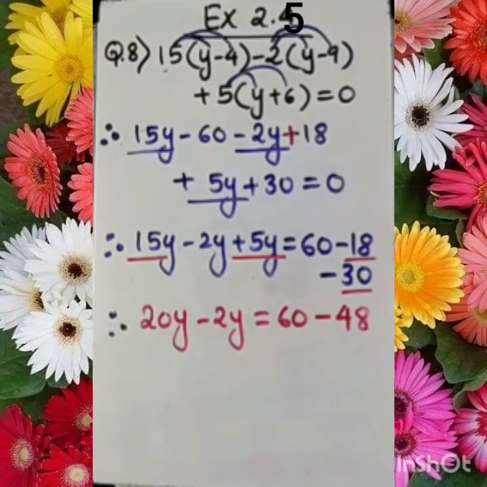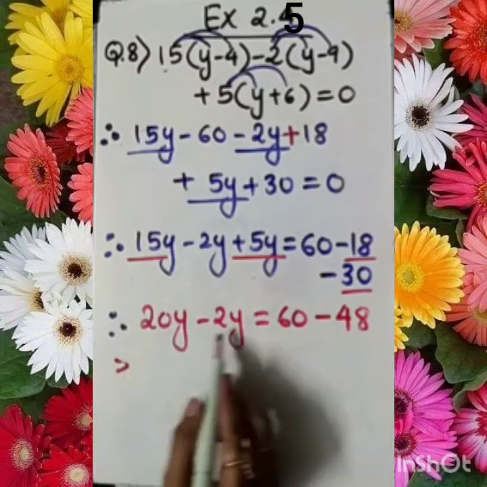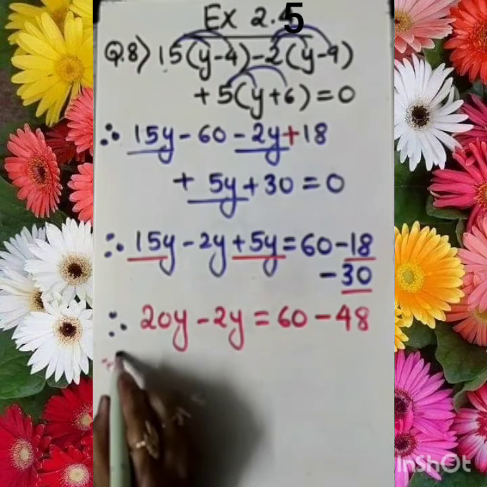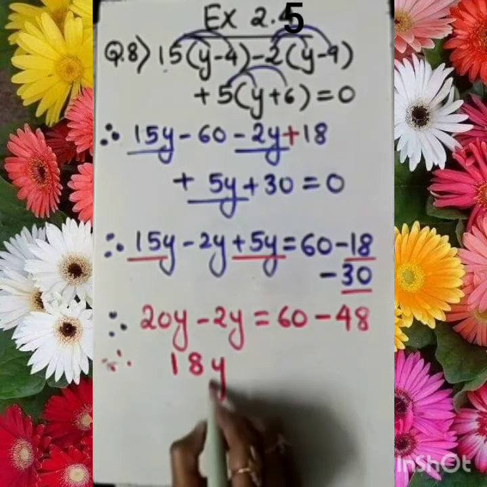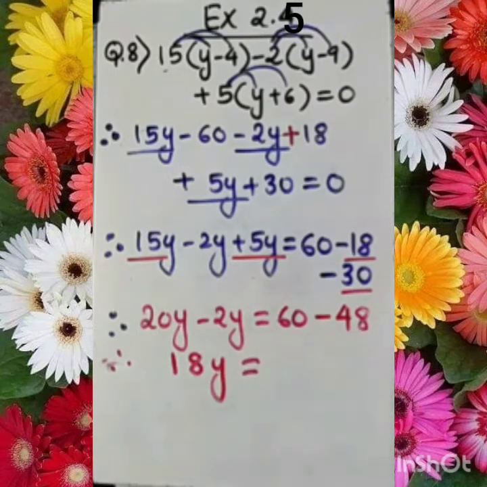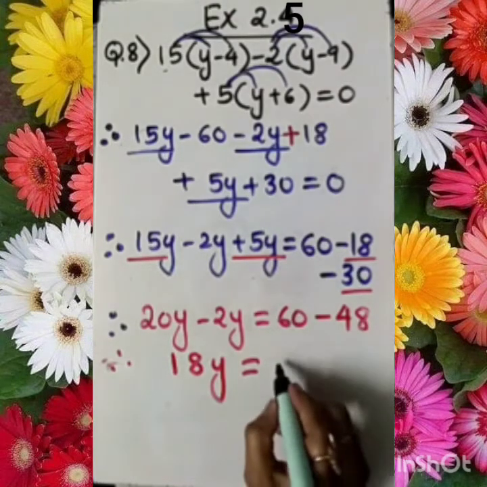Now dear student, 20y minus 2y gives the result 18y. Agree? What about 60 minus 48? Of course, it is 12.